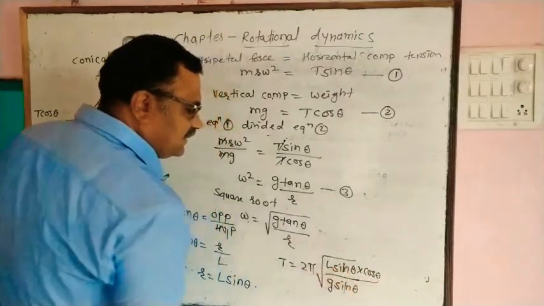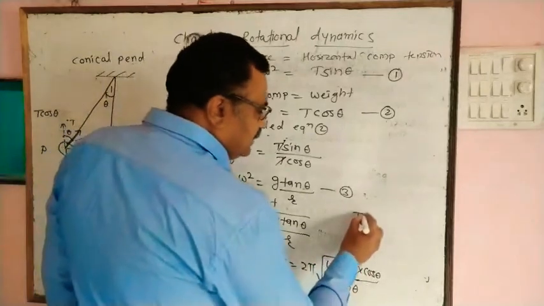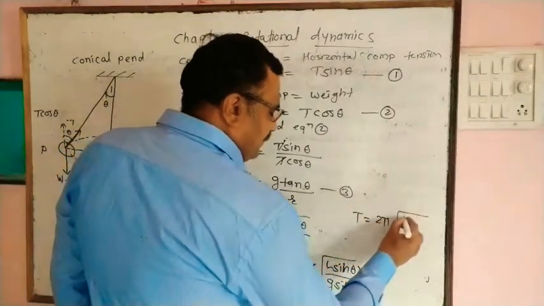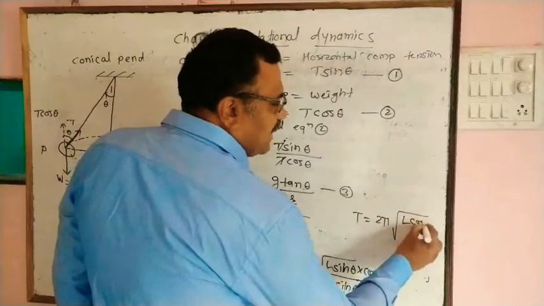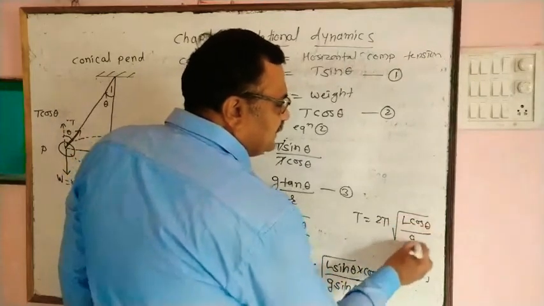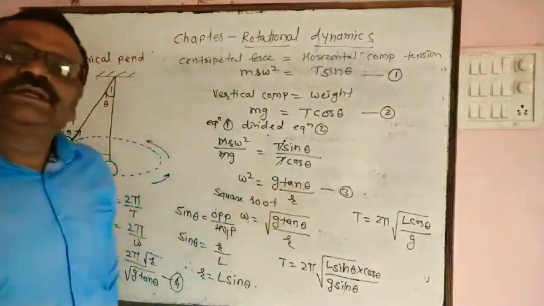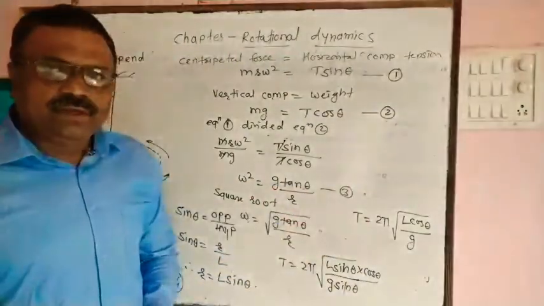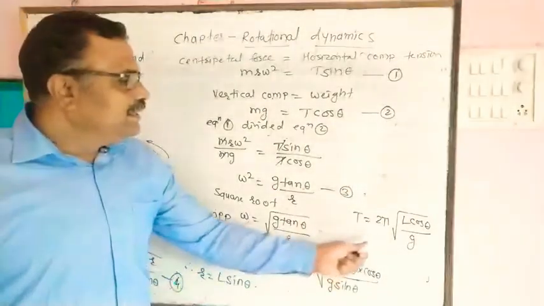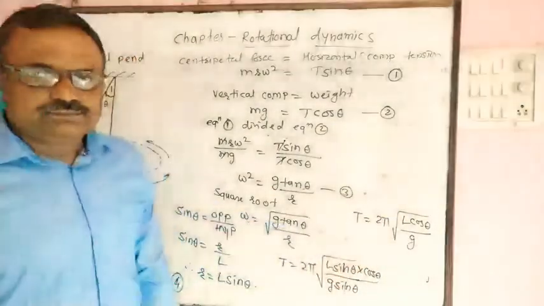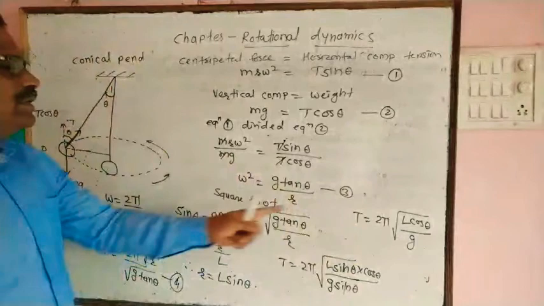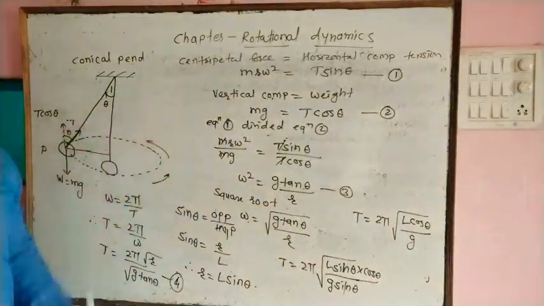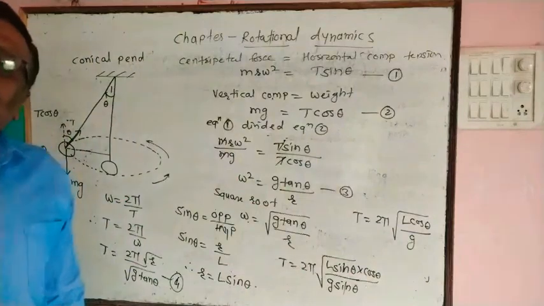Therefore, lastly, T is equal to 2 pi under root of L cos theta upon g. This is the expression for the time period of a conical pendulum. L is the length of the pendulum. Theta is the angular displacement of the pendulum. In this way, we get the time period of a conical pendulum.